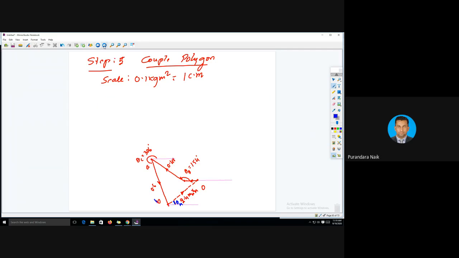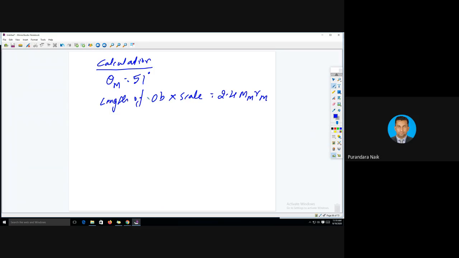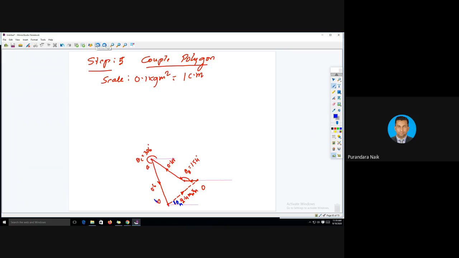So if I measure the length of RM, I'm getting around 4.8.